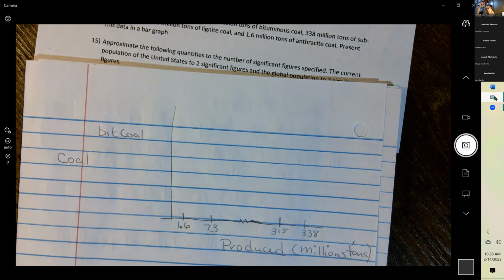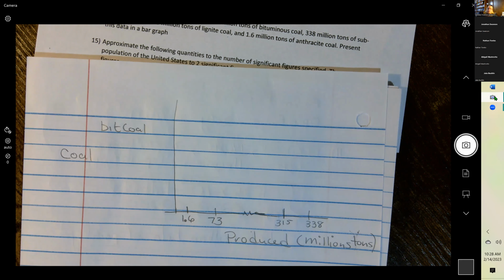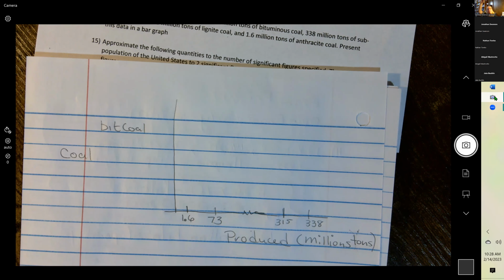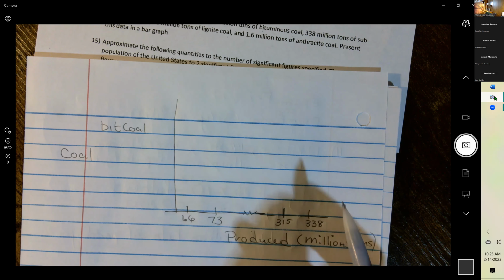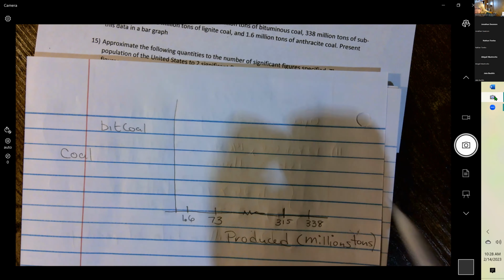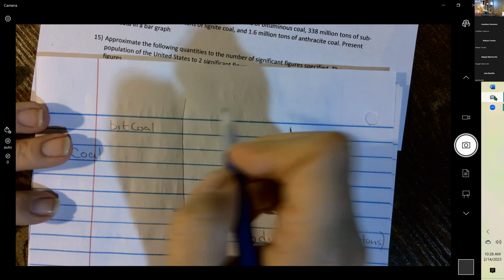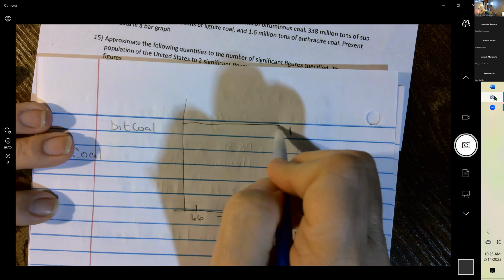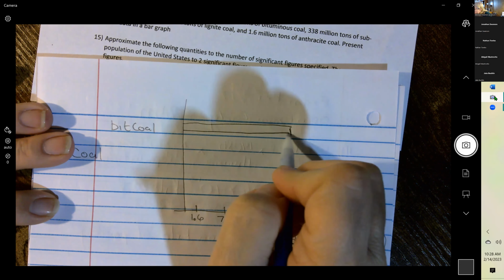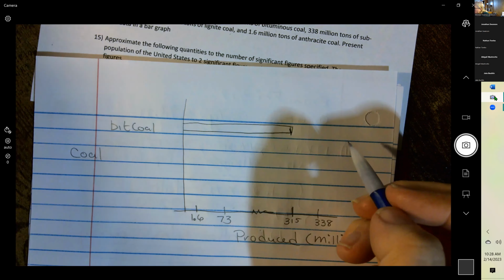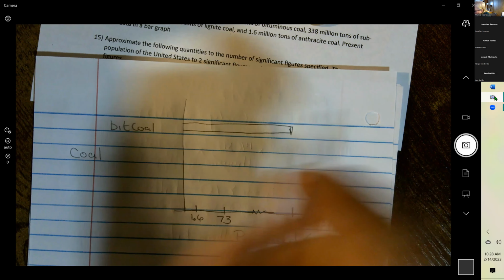But then it makes my bars look a lot closer than they are. Or if I want to show a huge distance, then I show all those units and it's very high. So that does come into play, because this 315 needs to go to here. 338 is sub.